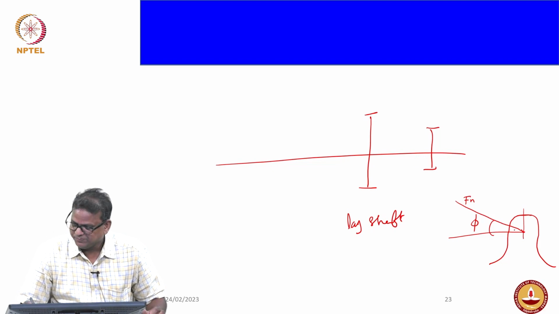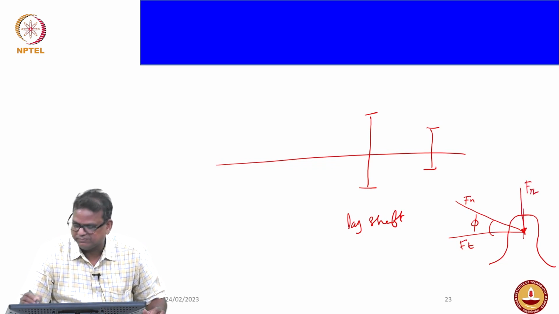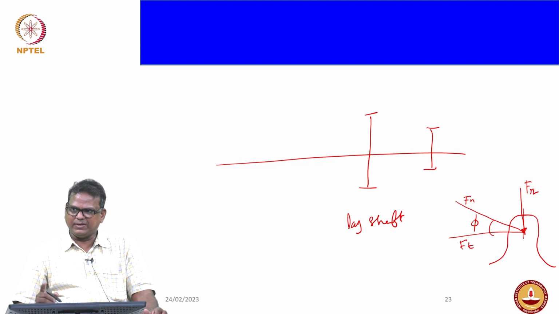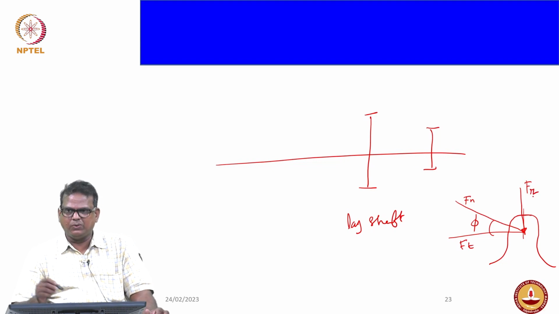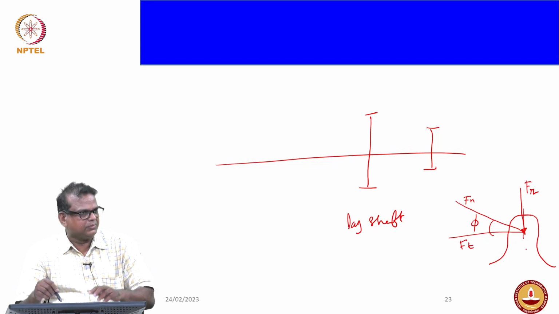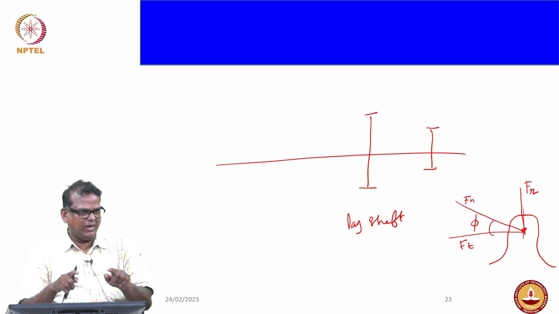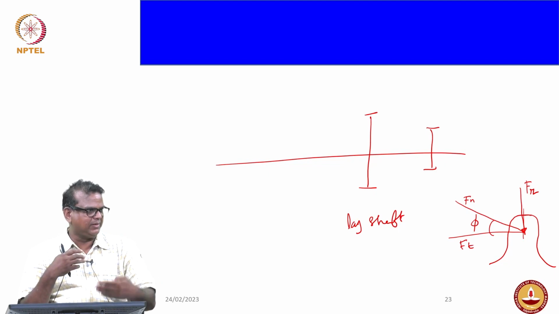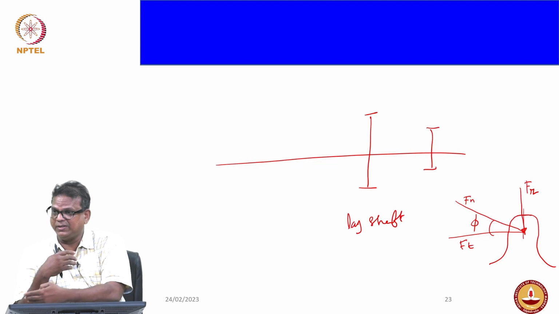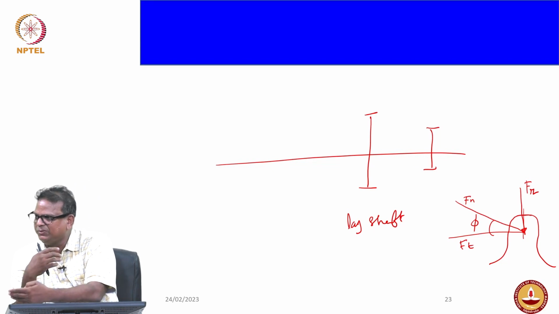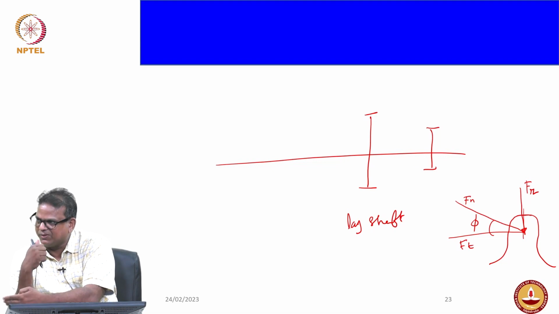One is the tangential load Ft and the other is the radial load Fr. Both together give the resultant load. So when you do the shaft calculation, you have to split it into 2 components: a vertical component and a horizontal component. I think this is the way you should do the diameter calculation.